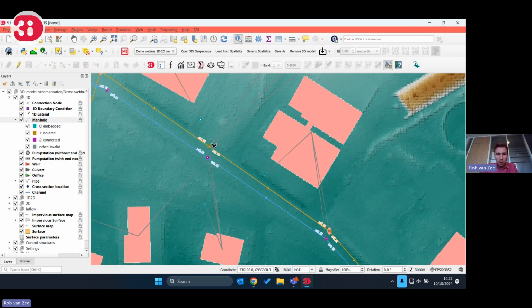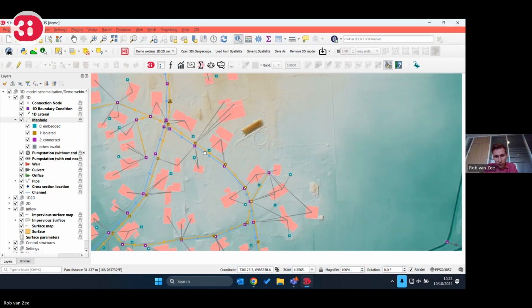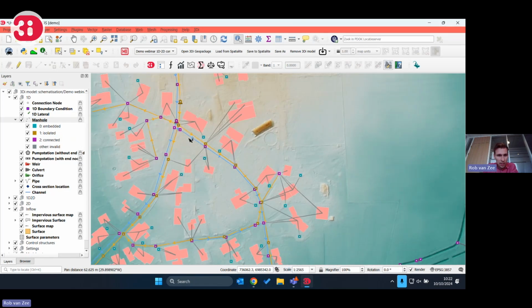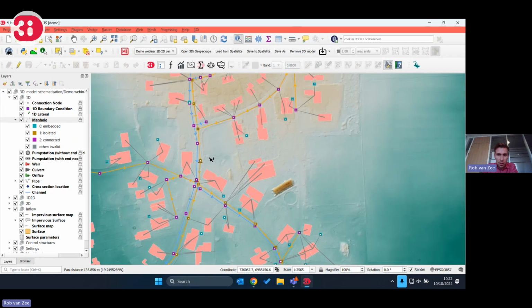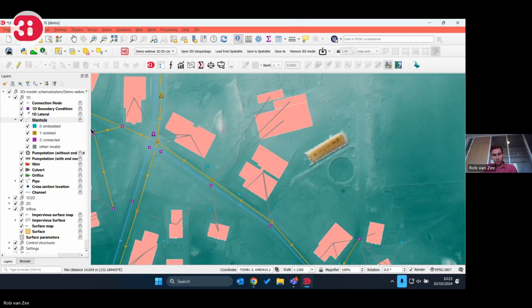Water cannot flow from the 2D domain into these manholes, but it can flow from the 2D domain into these manholes because these are connected. See? Yeah, and I can see that most of the system here is already decoupled.